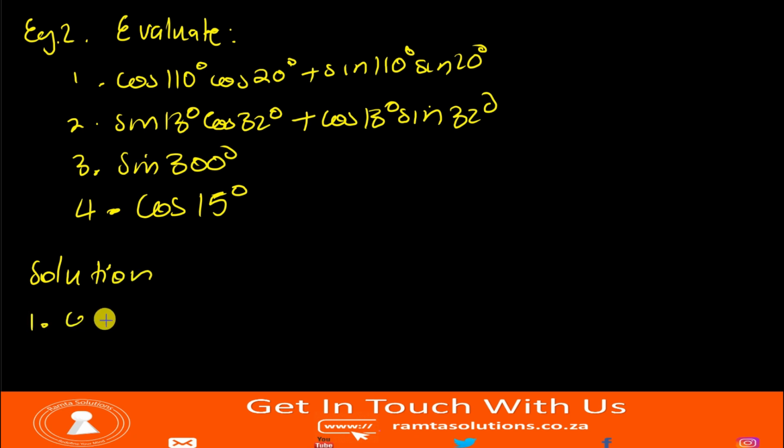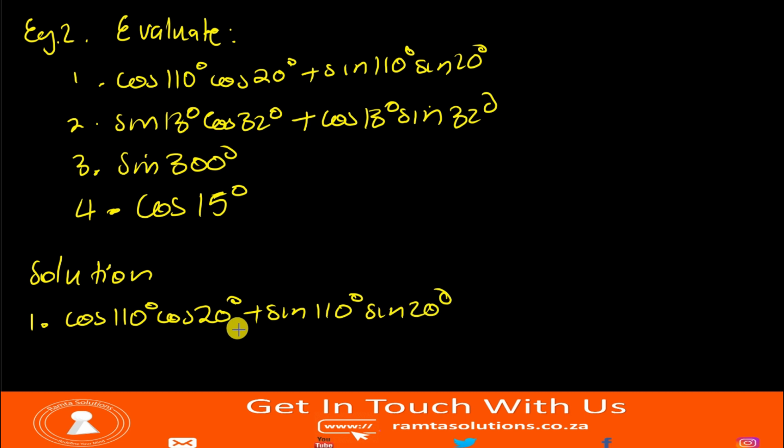Number 1, we have cos 110 degrees, cos 20 degrees, plus sine 110 degrees, sine 20 degrees. As you can see, this is cos. It must be compound angle of cosine. In the middle, it has an operator plus. So this means it must be 110 degrees minus 20. Now what is 110 degrees minus 20?